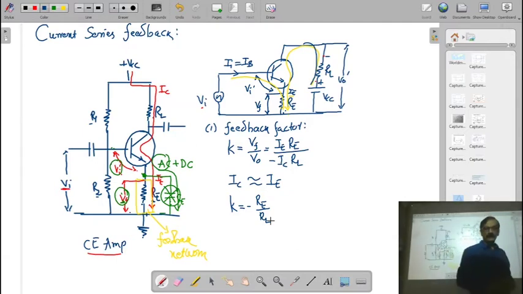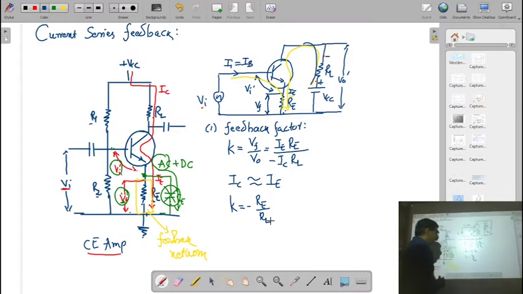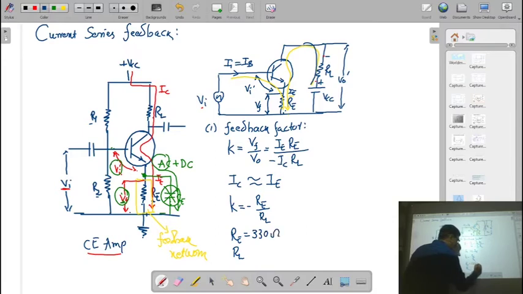So in this way, if the circuit is given to you, you can find out how much feedback is provided. Let us take an example. Let us say RE is 330 ohm and RL is 1 kilo ohm.